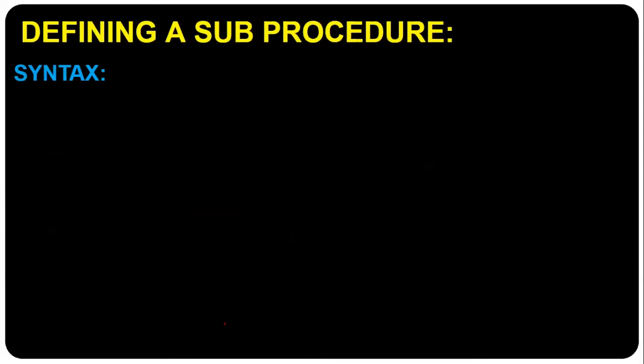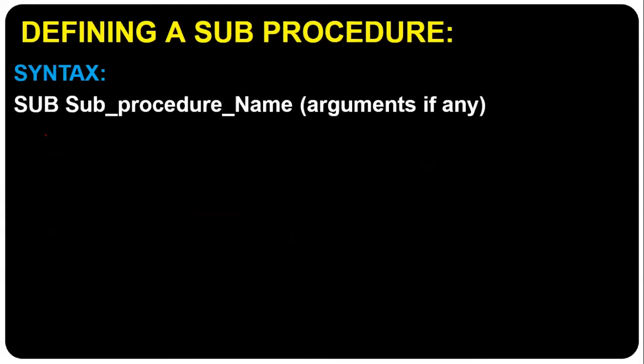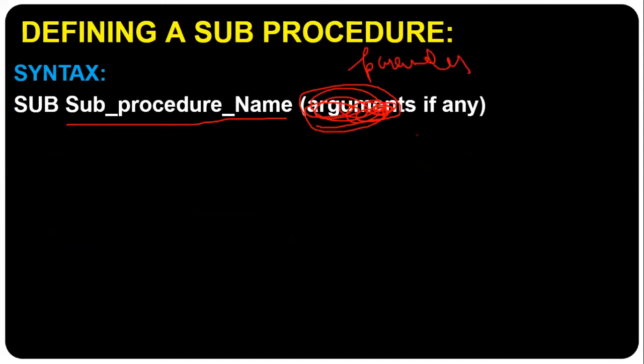In order to define, we start with sub, write the name of the sub procedure, and write the parameters. Actually, this is not arguments, but parameters. In the last class also I told you that this is not arguments, it is parameters. I'll correct this one.